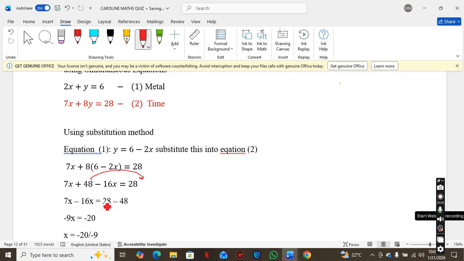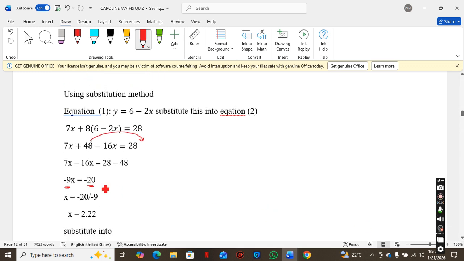So it will be 28 minus 48. Then you're going to say 7x minus 16x, negative 9x. 28 minus 48, negative 20.